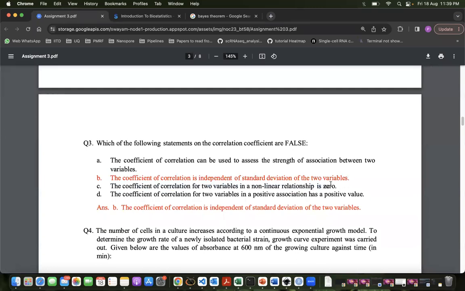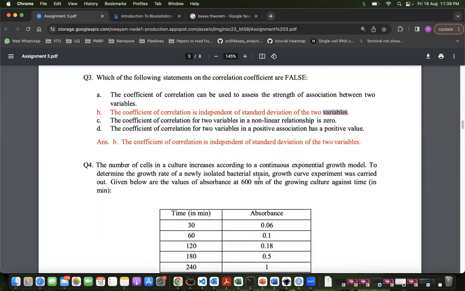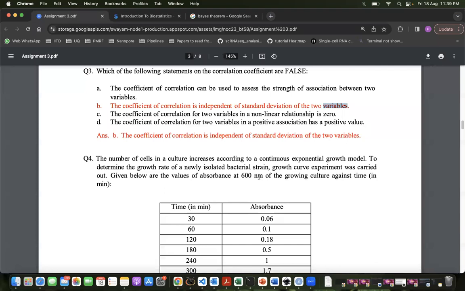This is a slightly confusing thing, but I wouldn't go too much into it because this is an obvious option that's false here. At least for questions where you have one correct option only, this ambiguity should not make a difference. Okay.